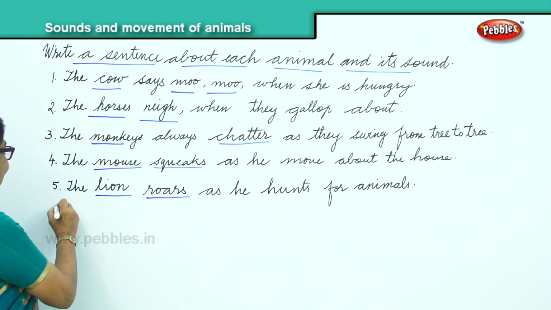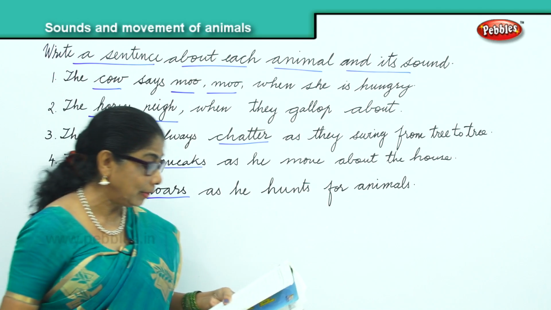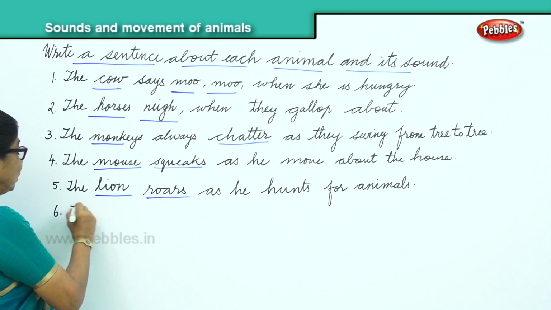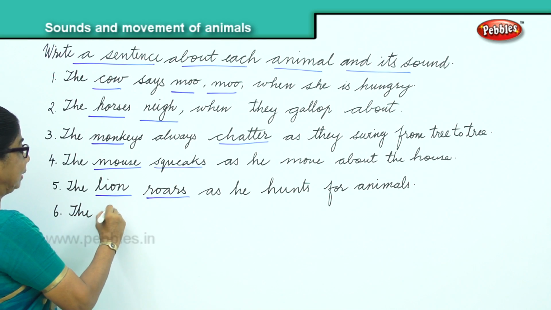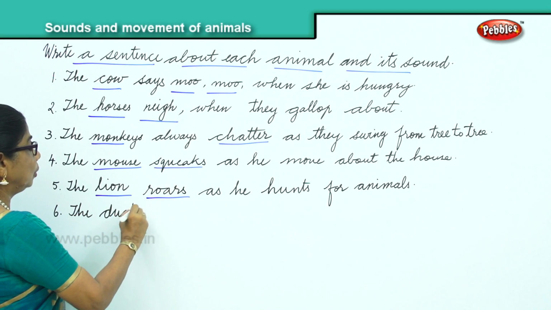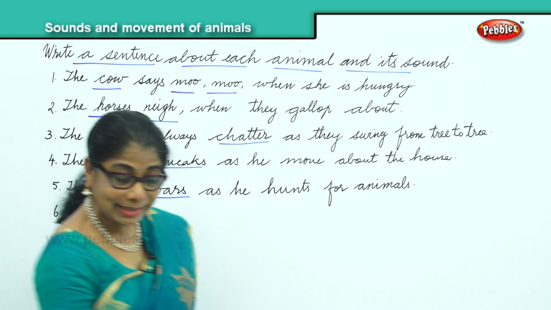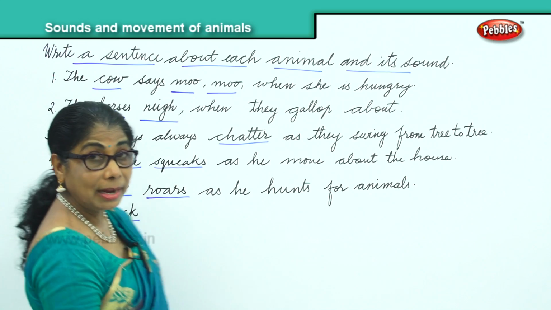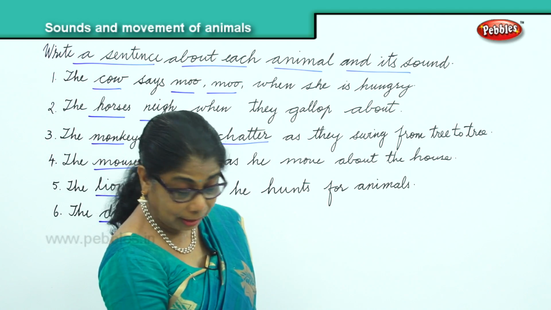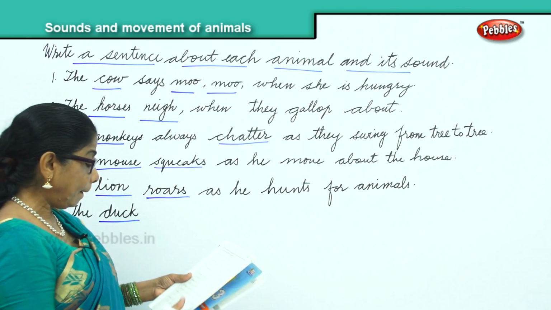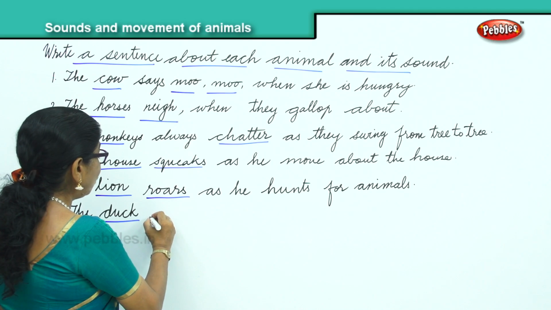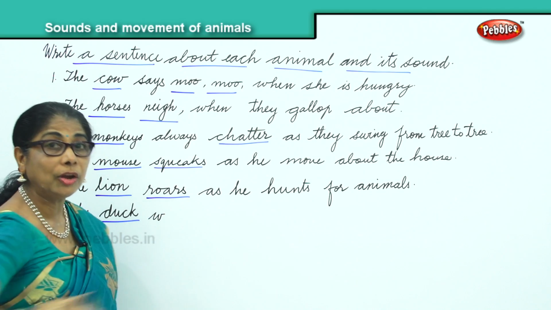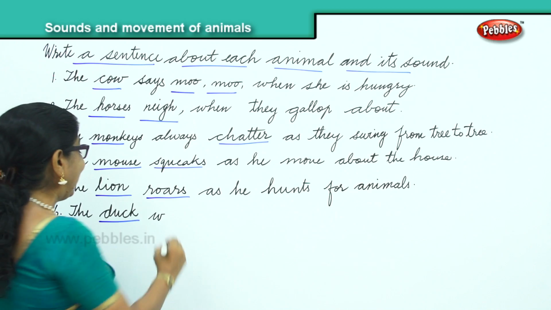Let's see another one, the duck. Let's see what the sound the duck makes. The duck. What does the duck say? The duck says quack, quack, quack all the time. So what does the duck do? The duck quacks. The duck waddles. The moving of the duck is called waddling.